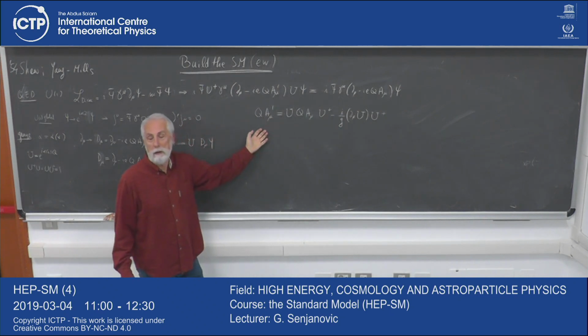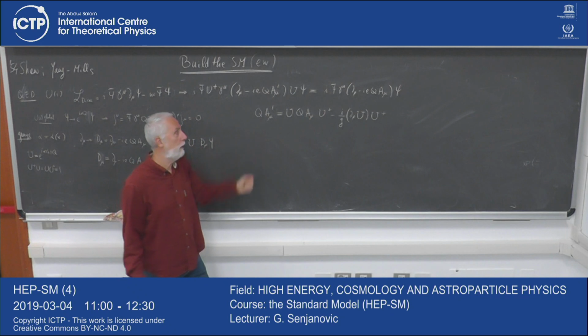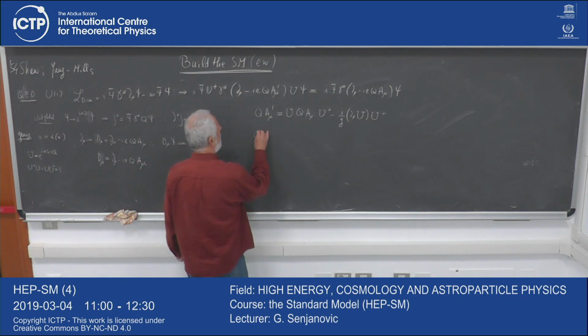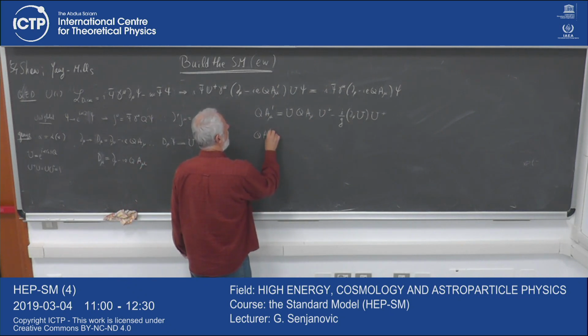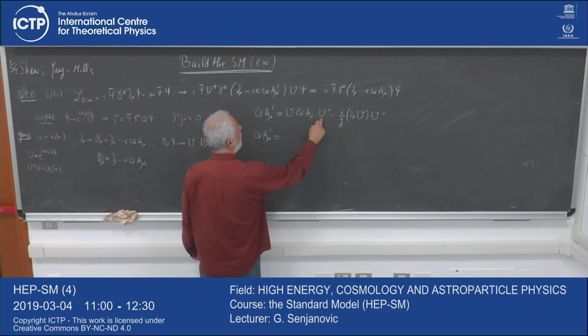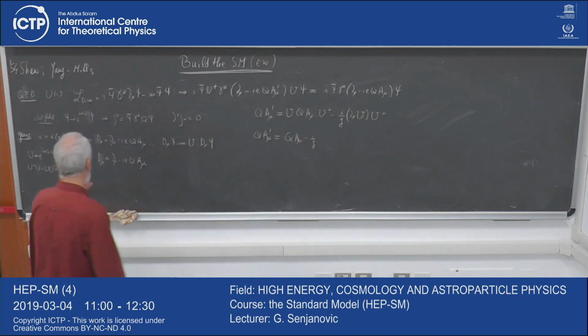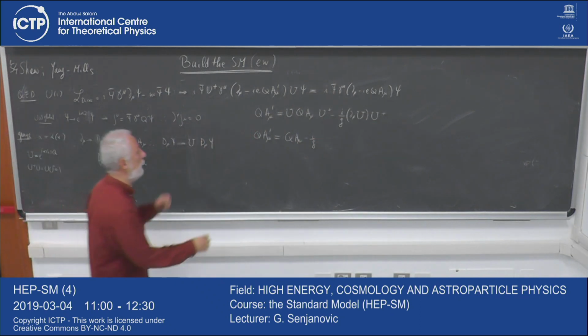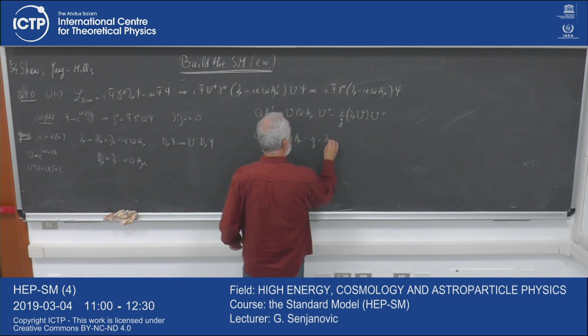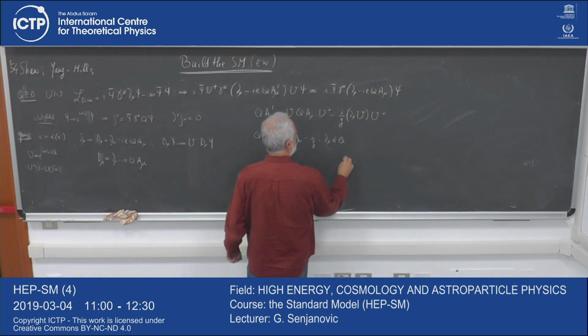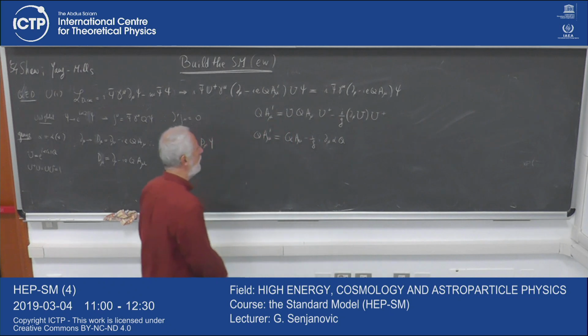We can find immediately the usual form of the gauge transformation. This commutes, so I get Q A mu minus i over g, and D mu U is i, sorry, D mu alpha, Q, and U dagger is 1.